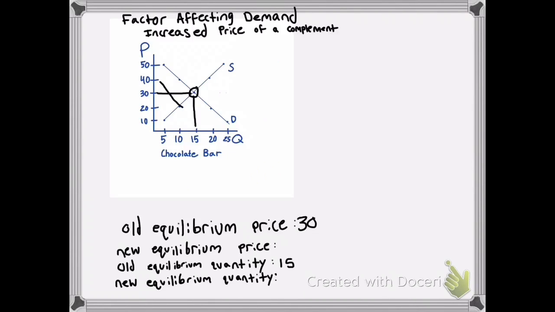So that would be a demand shift this way. And then our new equilibrium would be right here, lining up with 20 for price and 10 on quantity.